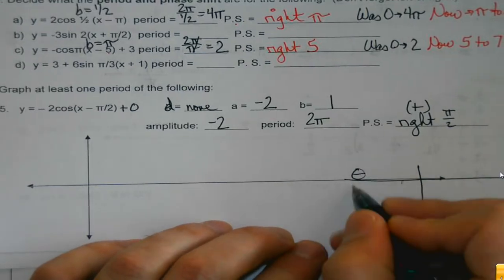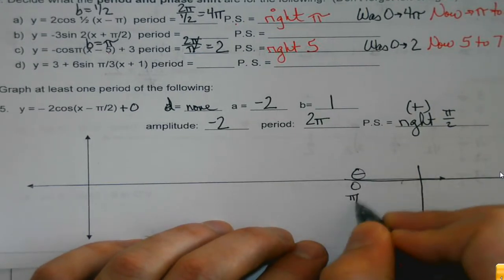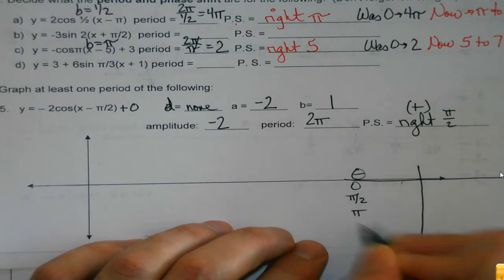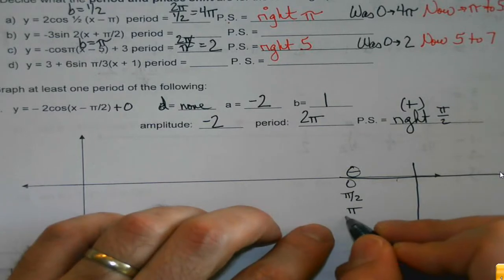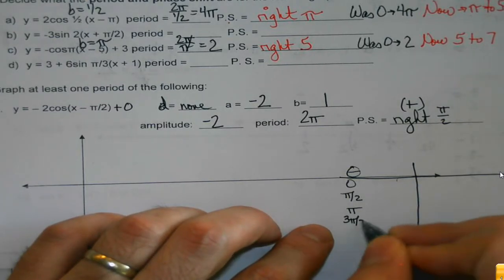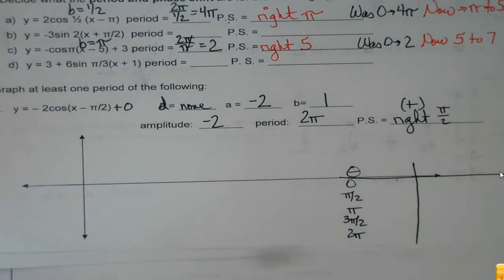So I've got my theta. And if you need to use more room here to the left, that's fine, because we're only going to use a piece of this. So once I get those listed, here's what I've got to pay attention to.